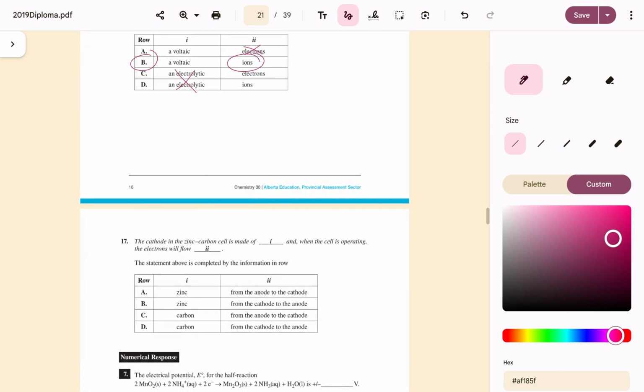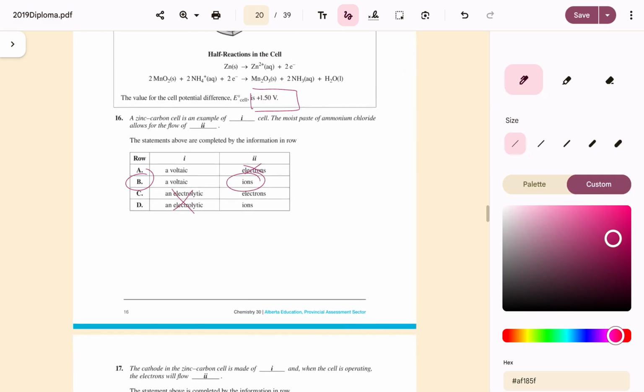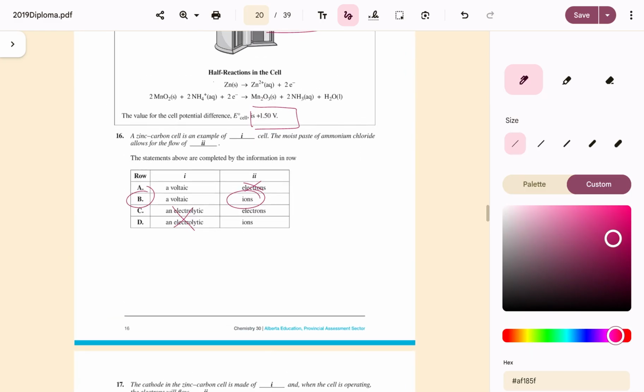Okay. Now, the next part, asking about the cathode of the zinc carbon cell. Well, your cathode is where reduction occurs, and reduction is a gain of electrons. So between these two reactions, we see that the zinc is losing electrons because it's on the product side, and your other reaction is gaining electrons because it's on the reactant side.